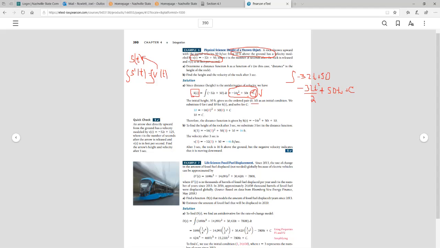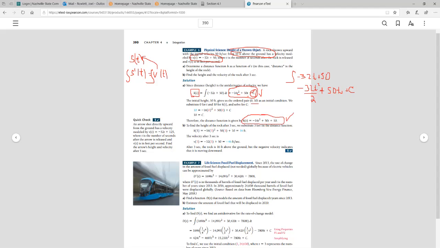So what does that mean? Well, it means that our exact height function is negative 16t squared plus 50t plus 10. So having the initial conditions is very powerful. It gives us a much more accurate depiction of what's taking place.